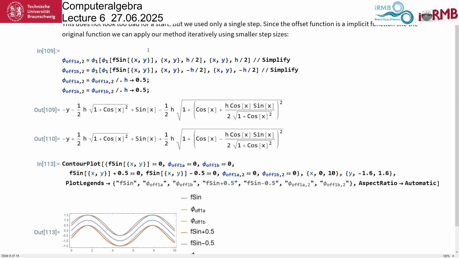So let's think about it this way. Now we could do two steps. We simply apply our function phi, which I indicate with 1 means this is the first order, to the function phi of this onto this function. So we apply this twice.